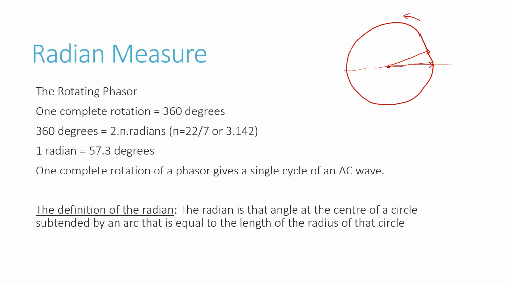That's by convention; we always rotate anti-clockwise. So when we start at this point, we have an angle of 0, and then we increase our angle. Let's say 30 degrees, maybe 45 degrees, let's say 60 degrees. And then when we come up here, you know that that is a right angle, 90 degrees. You come all the way across, you get 180. Down here, you get 270.